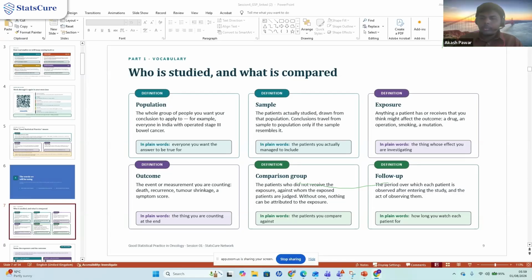Sir, can you full screen your PPT? Yeah, I am trying to, but somehow it gets distorted. Is it okay now? Could you see it? We are seeing the smaller version only.